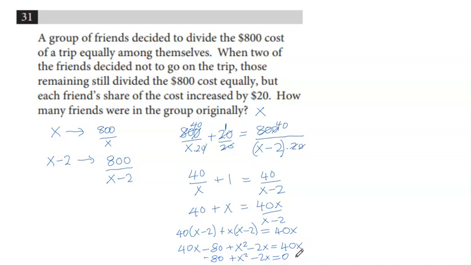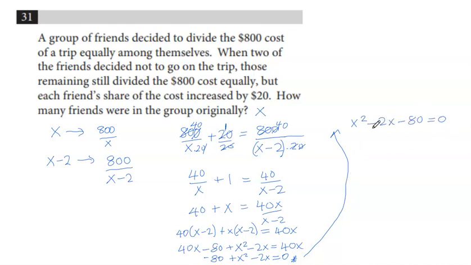So we have this quadratic equation to solve. So I'm going to try and bring it over here so that we have some space, right? We can rearrange this nicely so that we'll have x squared minus 2x minus 80 is equal to 0, right?